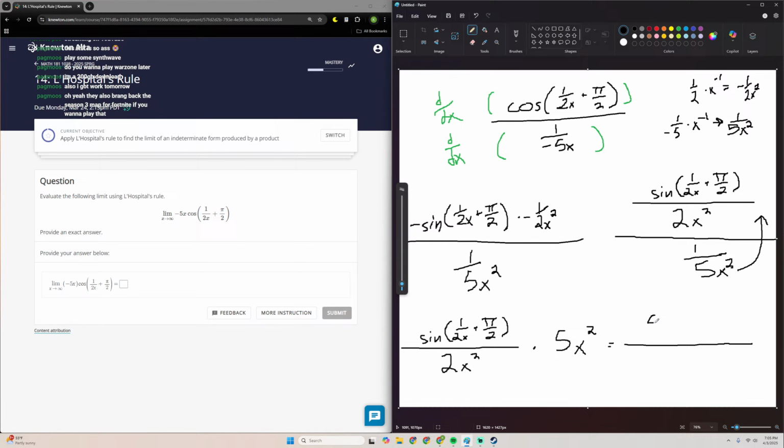Those sort of cancel out. This makes it 5 over 2. 5 divided by 2.